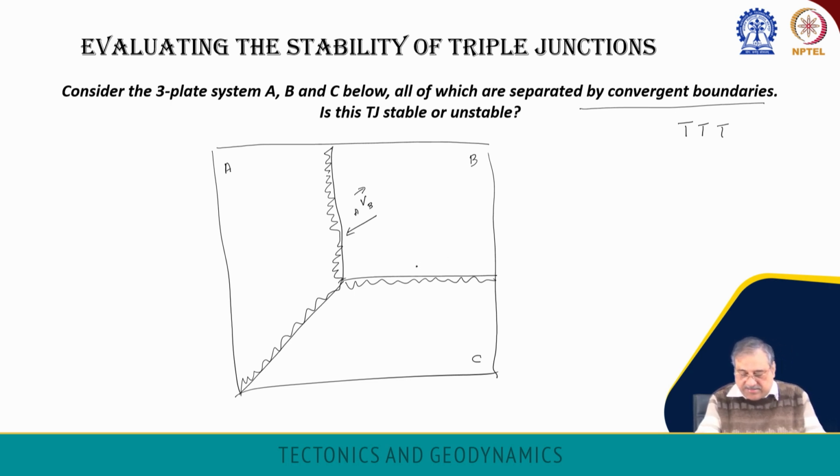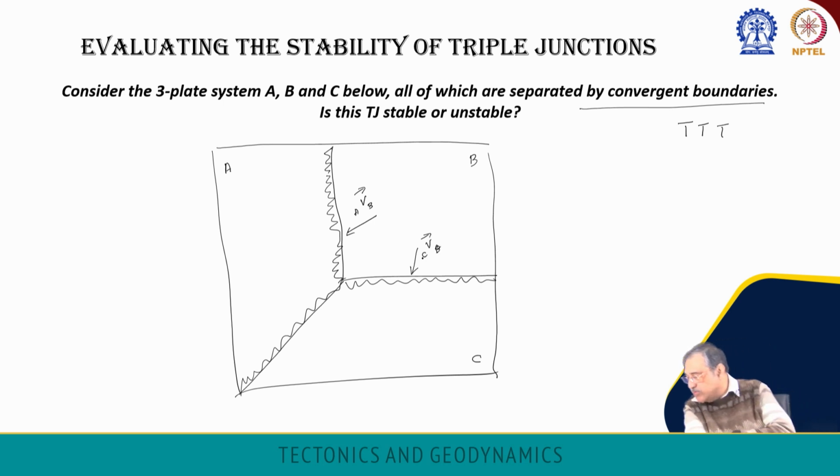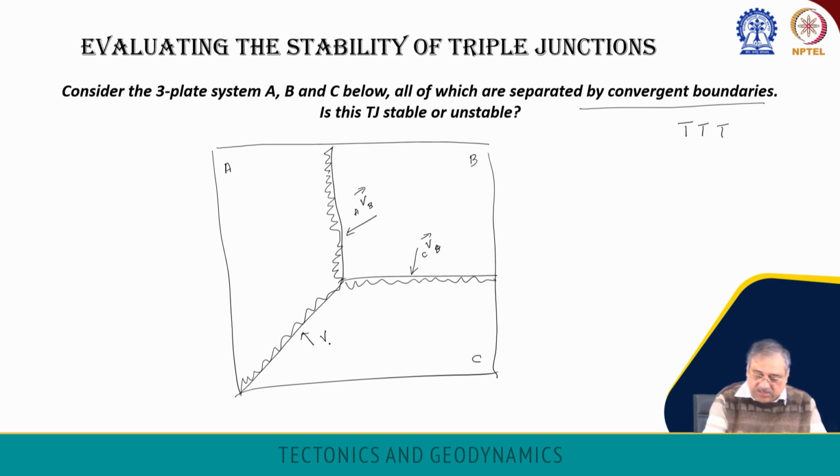This represents, let us say, the relative velocity of B with respect to C. This is the relative velocity of B with respect to C. And then let's take this one here to be the relative velocity of C with respect to A. So now the relative velocity of A with respect to B would be just the opposite of this.